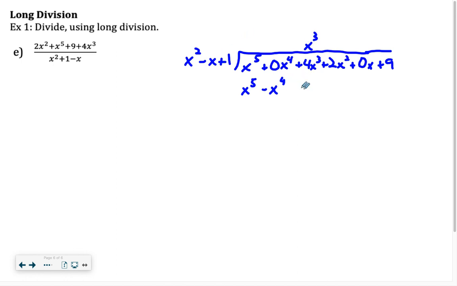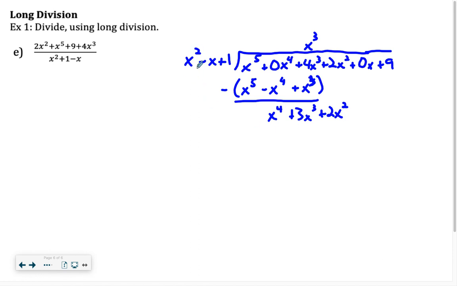X cubed times 1 would be 1x cubed. And we subtract. So 0 minus negative 1 would be positive 1. 4 minus 1 would be 3x cubed. And bring the next term down.